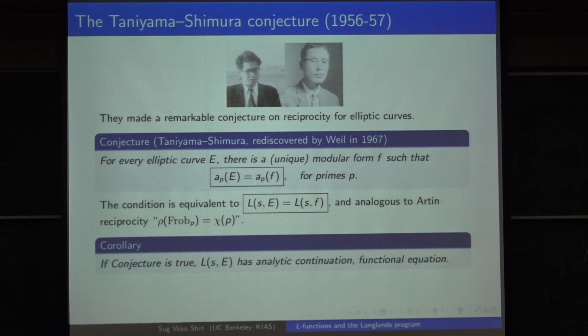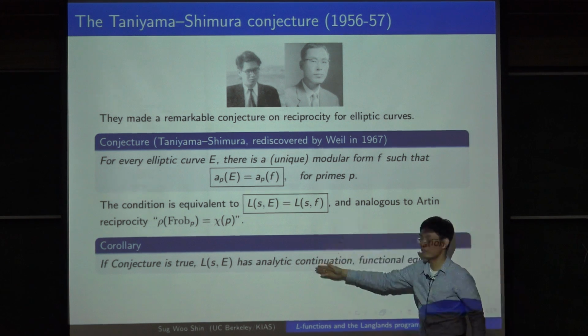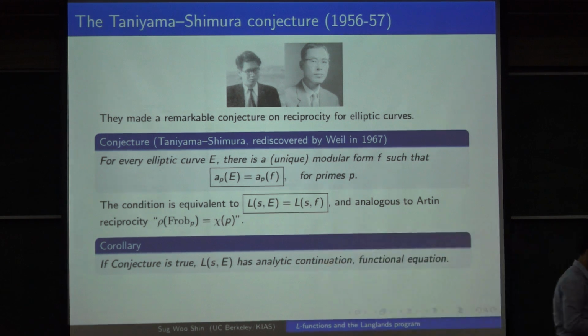And there's no known proof proving this directly. The only way is you prove this equality, and therefore this is true. That's the only known proof. And of course, you need this to even state the Birch and Swinnerton-Dyer conjecture correctly or unconditionally. So it's an important corollary if you prove the conjecture.